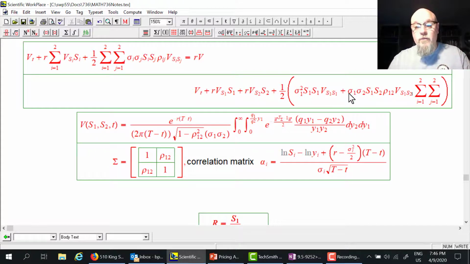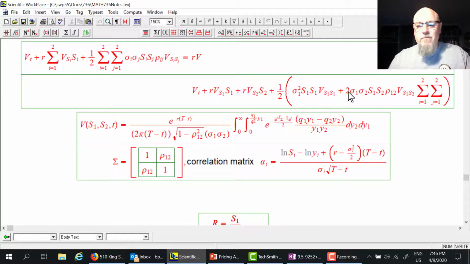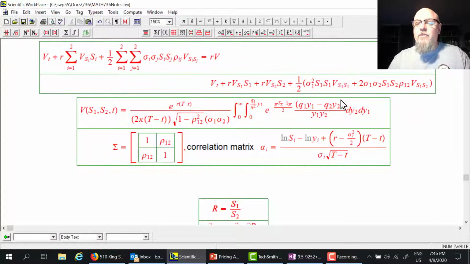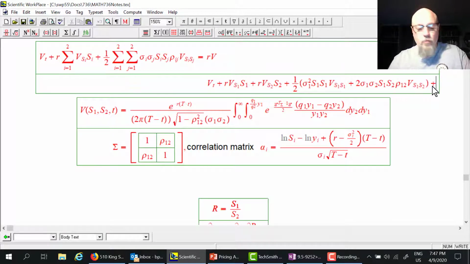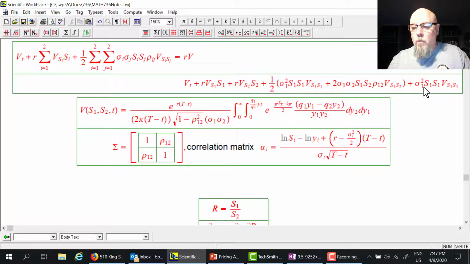Clairaut's theorem says they're the same thing, so I'll just double it instead of rewriting it. Now the last thing I have is the 2, 2 piece. It's like the 1, 1 piece: the correlation between stock 2 and stock 2 is 1. So that's just going to be with all 2's here.